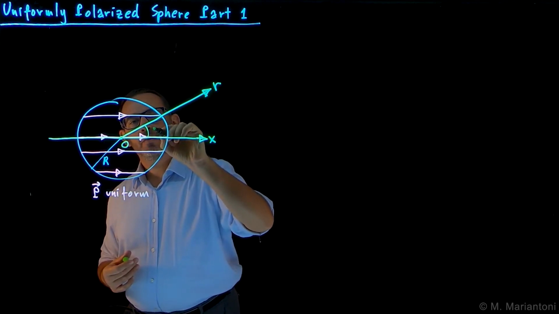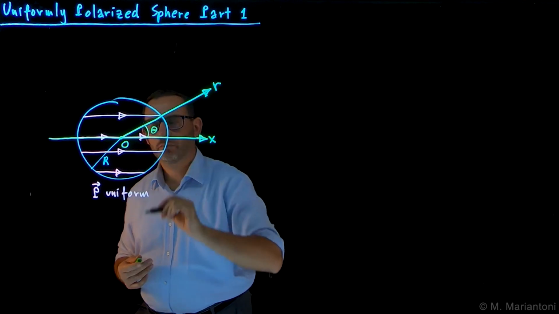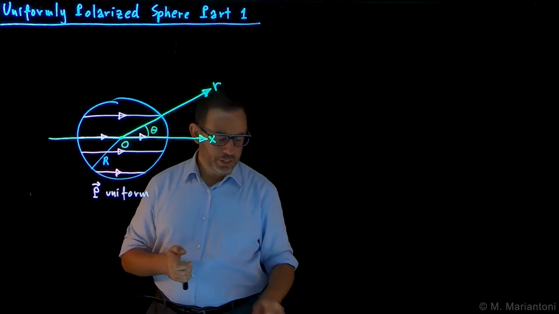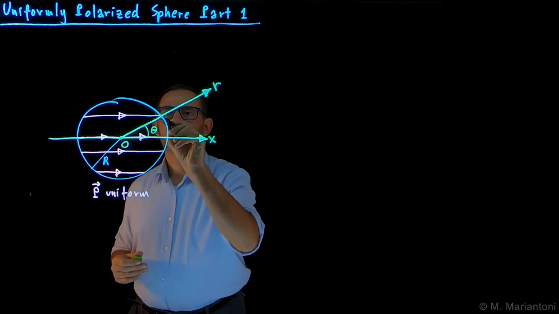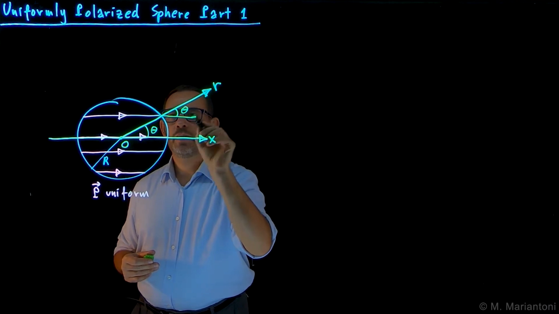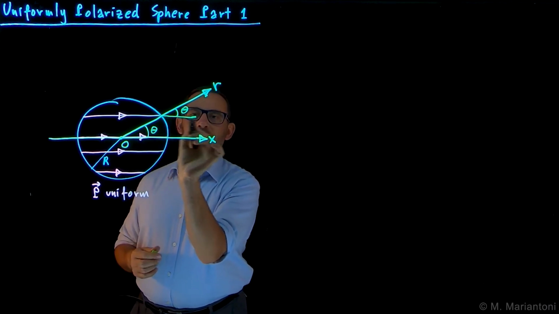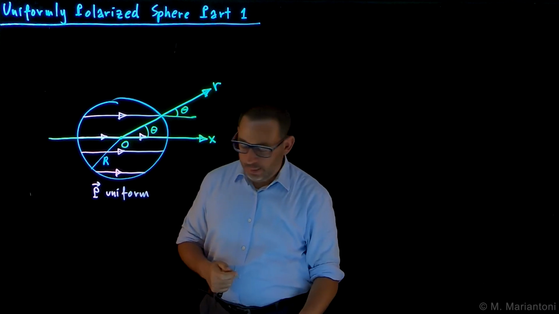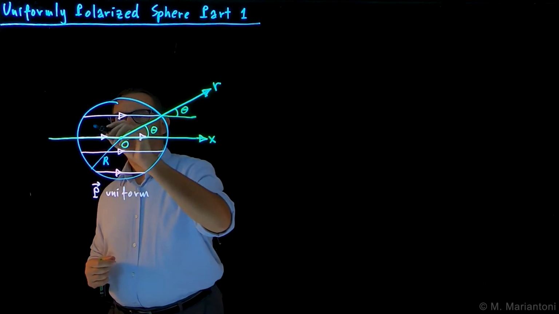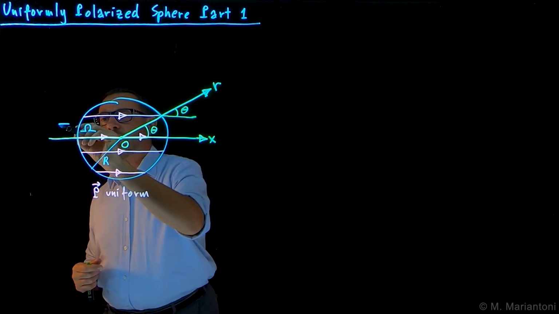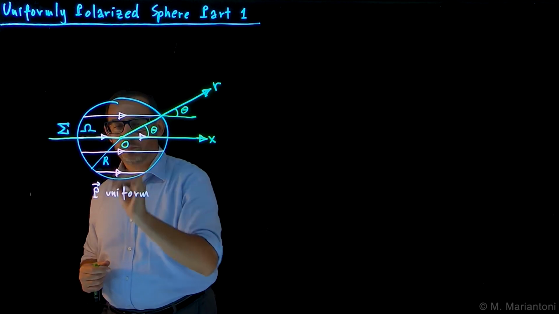This angle here, we call it theta, which happens to be exactly the same as this angle here. This is also theta between P, capital P, and r at the last point on the surface of the sphere. Let us assume that the region within the sphere is capital omega, and the surface of the sphere, as always, is capital sigma.